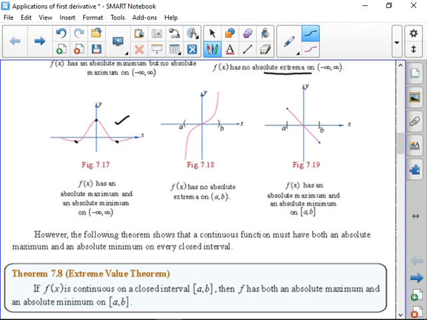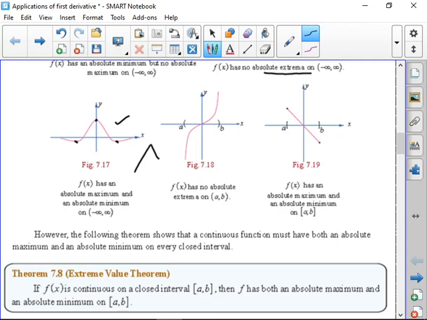Now again this curve is a continuous curve but it does not have a turning point. A turning point is when the curve goes along and suddenly turns downward. But here it just curves around. So it is a continuous curve but has no absolute extrema. Neither absolute maximum nor absolute minimum.